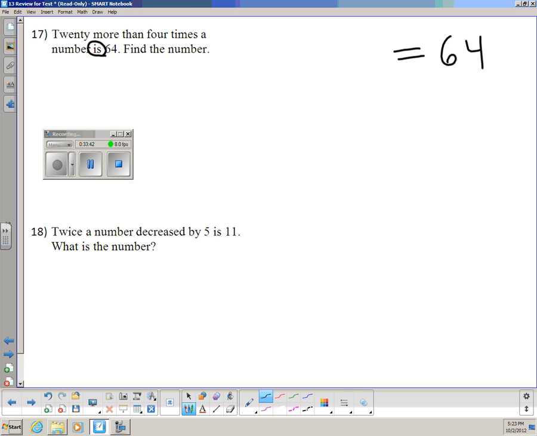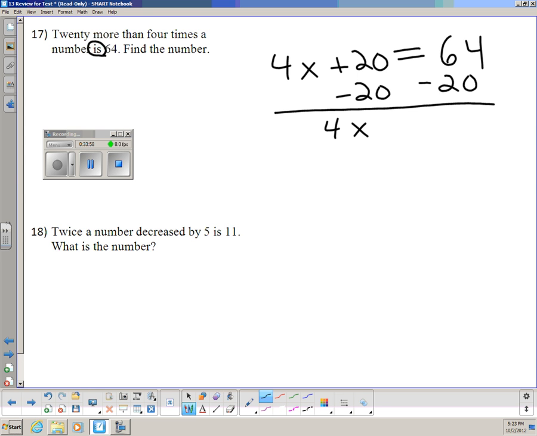Then I have 20 more than 4 times a number. 20 more than means I will add 20 to 4 times a number, and I'll call the number x. And now I just have to solve this equation. Subtract 20 on both sides. I get 4x equals 44. And divide by 4, and x is 11.